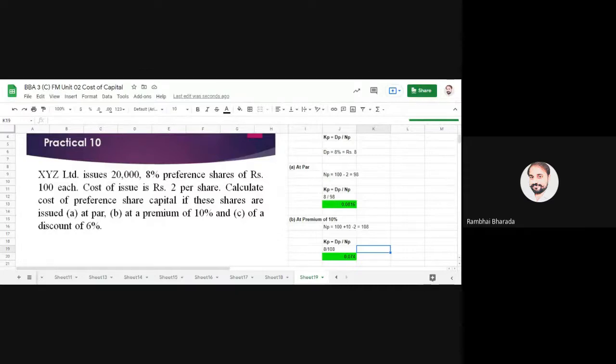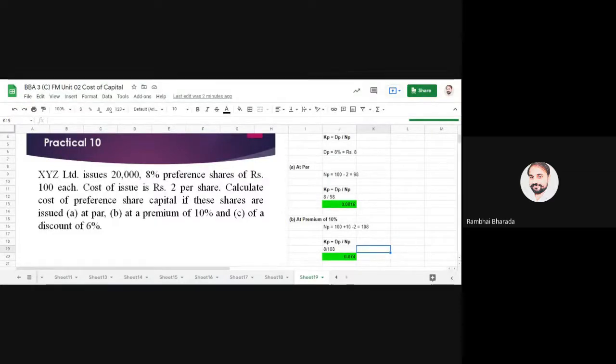Again, I repeat, except the redeemable preferences. For all other preferences, the calculation remains the same, whether it is convertible, non-convertible, cumulative, non-cumulative, participative, or non-participative.